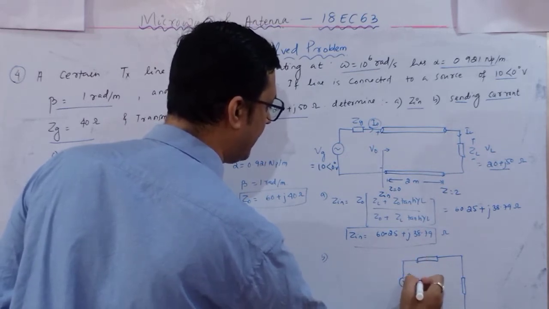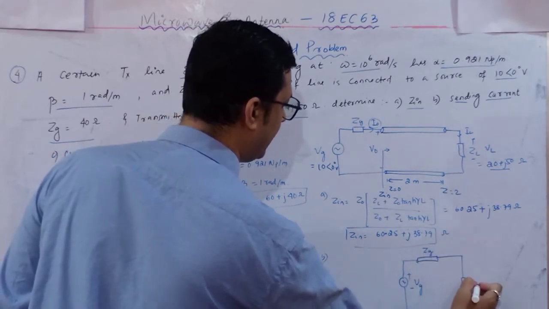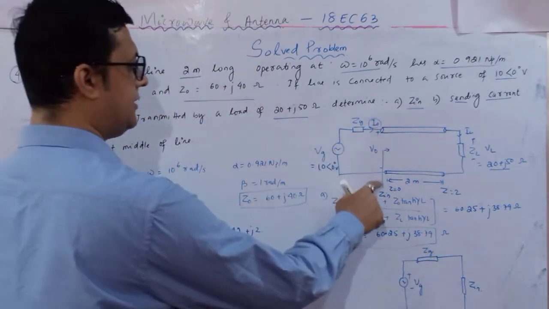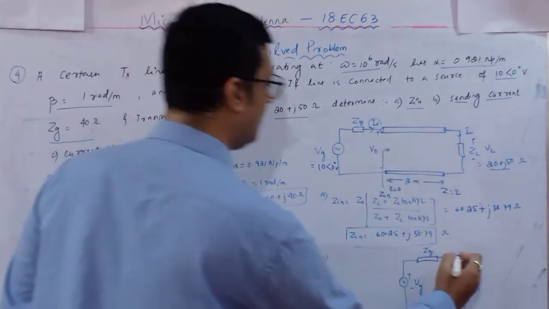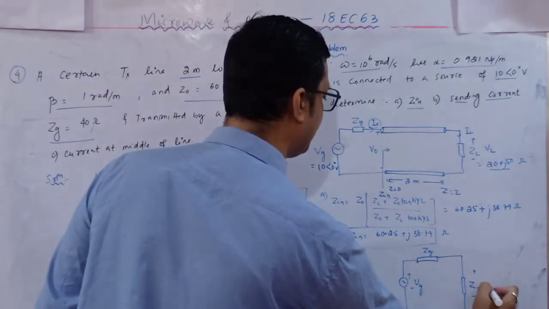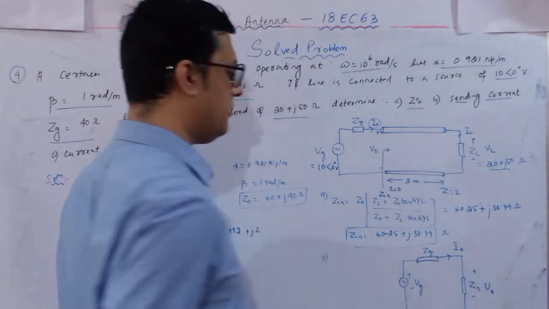This is the source Vg, this is Zg, and this impedance is Zin, what we have calculated. So this is my Zin. V0 is the potential drop across this, and here the sending current is I0.